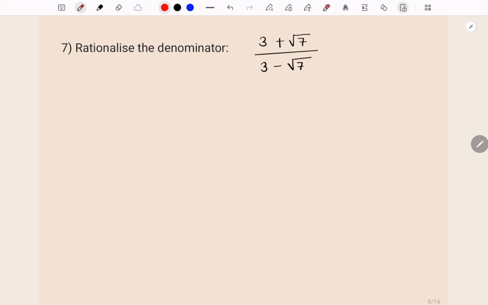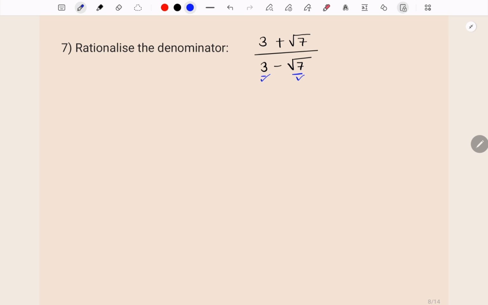Let's solve the seventh question now. Here also we need to rationalize the denominator, but there is a significant difference. In the previous example, we have a single surd denominator, but here we have a two-term denominator. It means the denominator contains two terms, 3 and root 7.